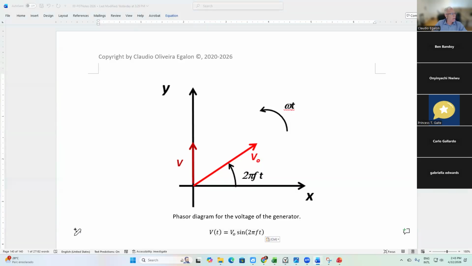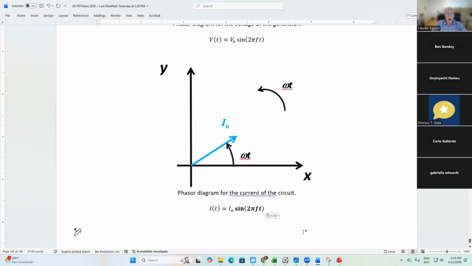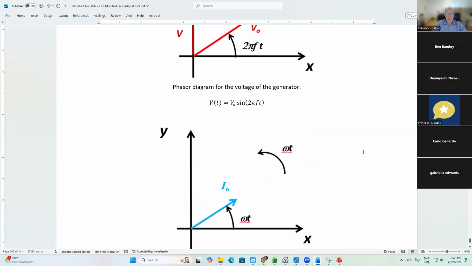And what about the current? The current for a circuit with resistor only is going to be in phase with the phasor diagram of the voltage, right? Here's the same angle at time t equal to whatever. Same angles here. And those two phasors are going to rotate with the same angular velocity.